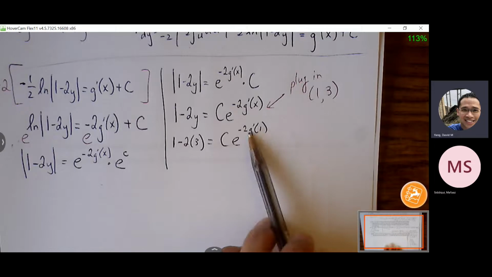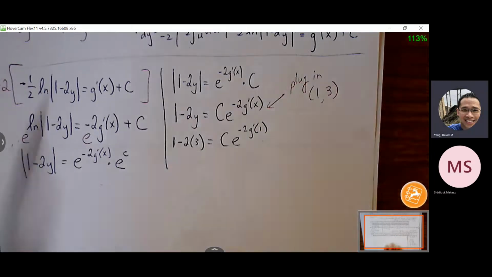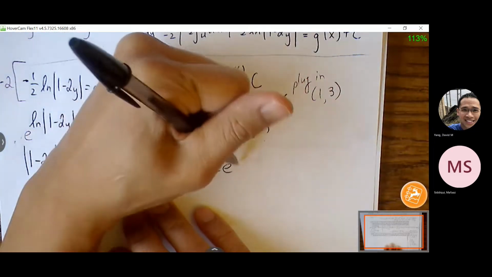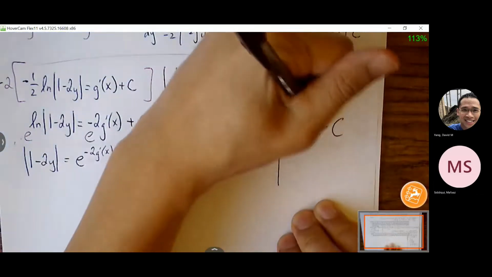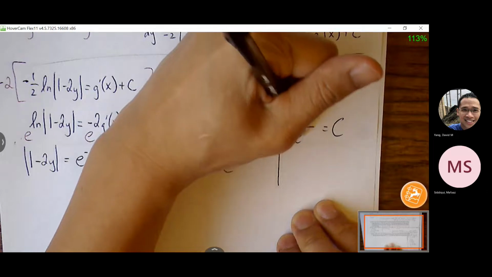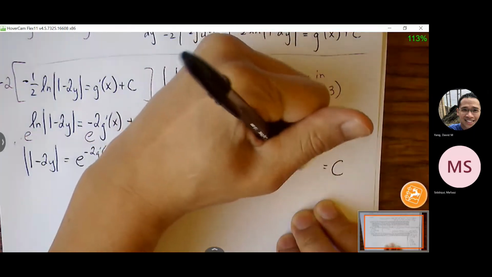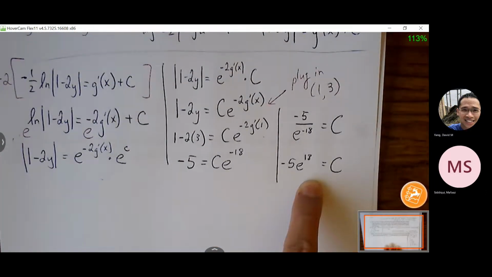So -2 times 9, -18. I can bring that 18 back up to the top.